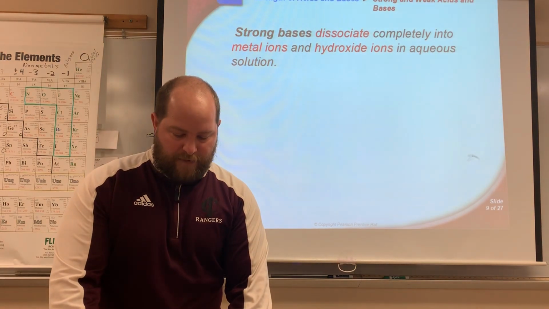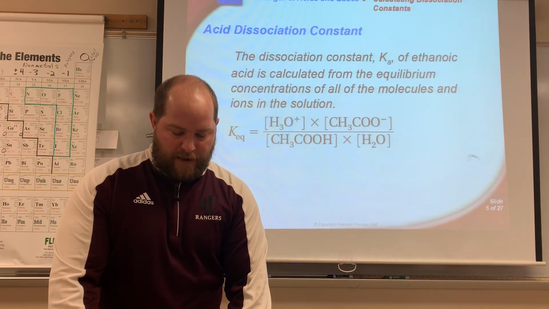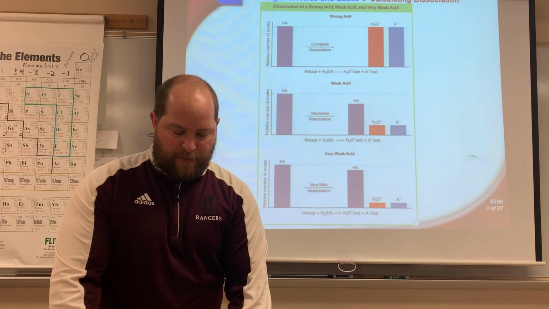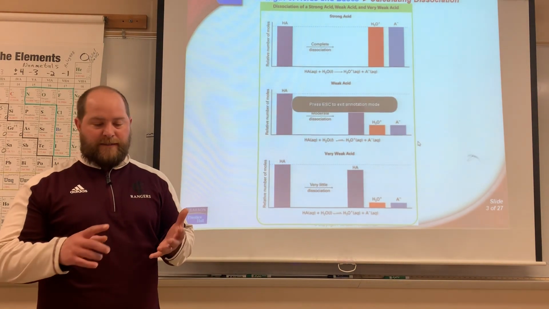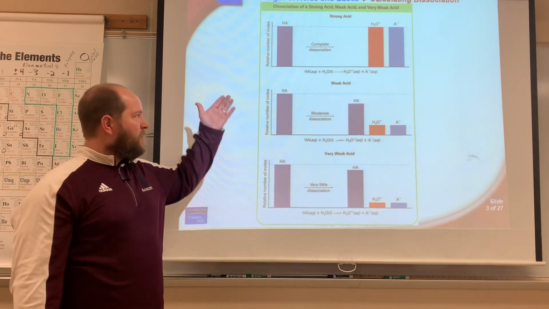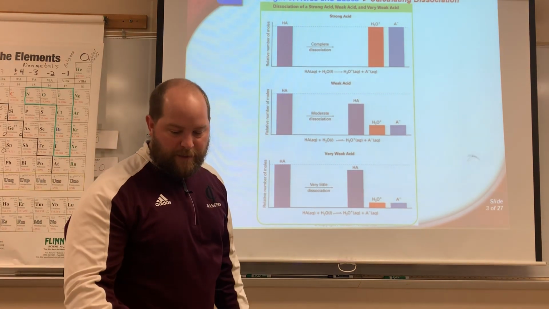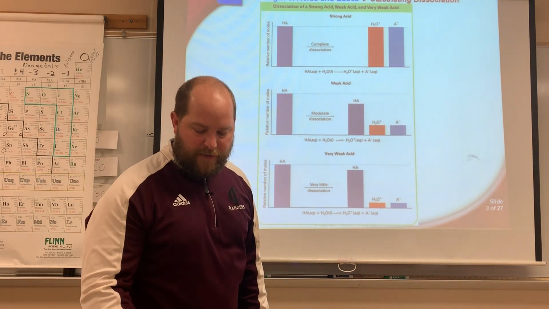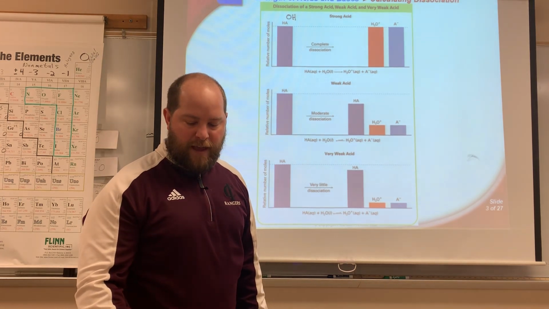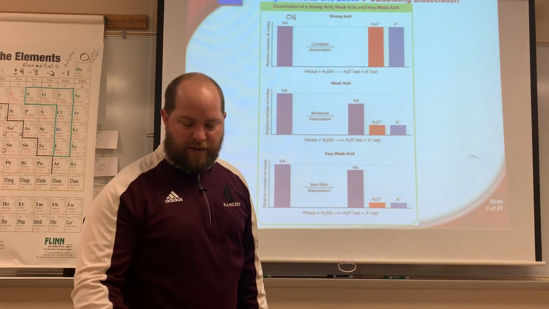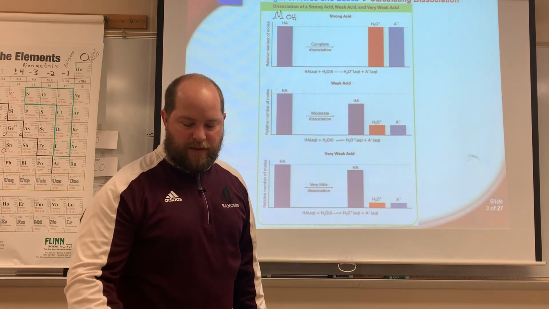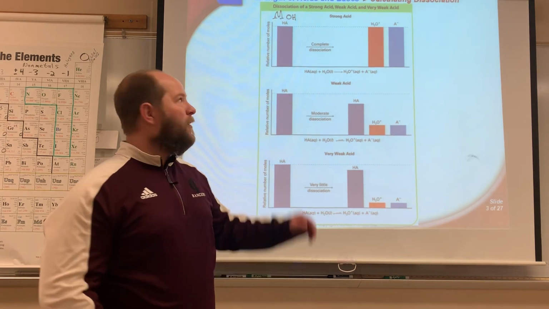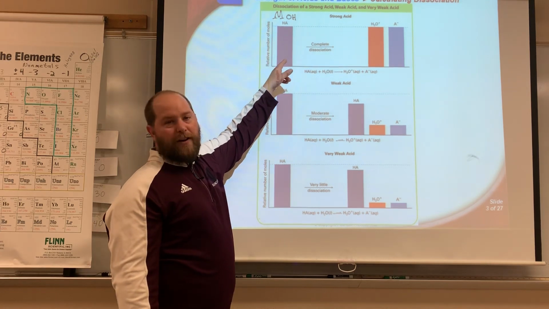To give you a summary, if you're looking at this table right here, the strong bases and the weak bases do the same thing. You would just replace the A with the hydroxide ion, and I'll use a big M for the metal, because you know a lot of bases have a metal attached to a hydroxide.